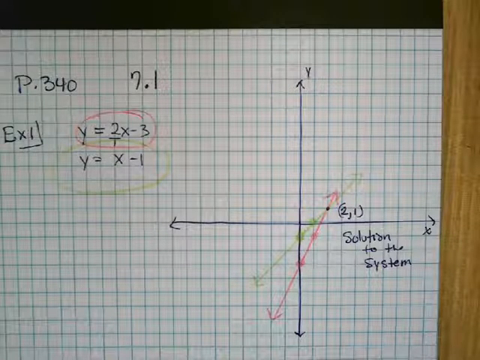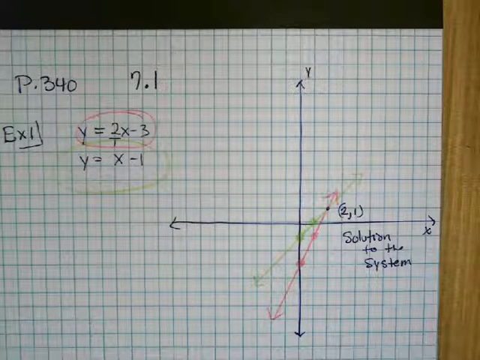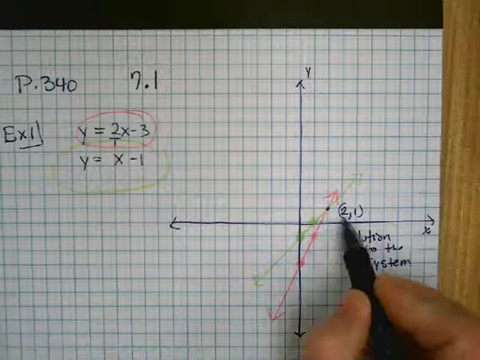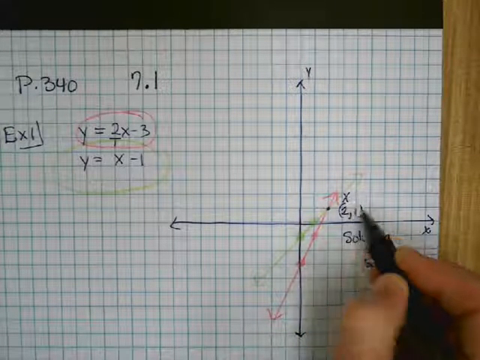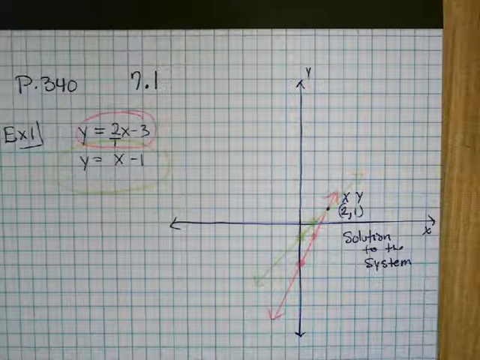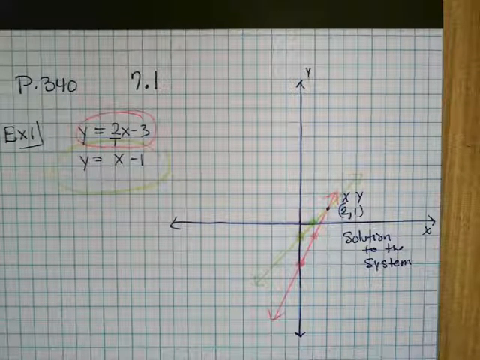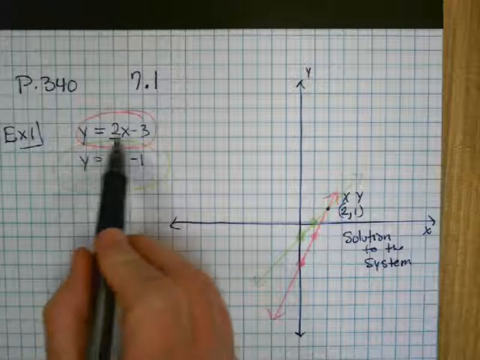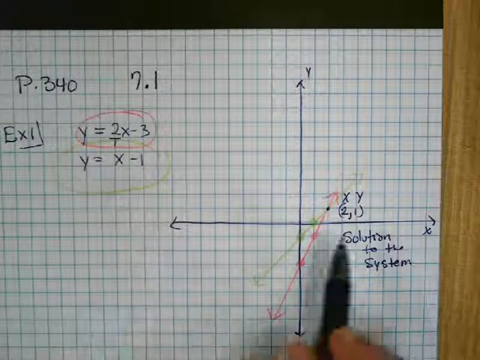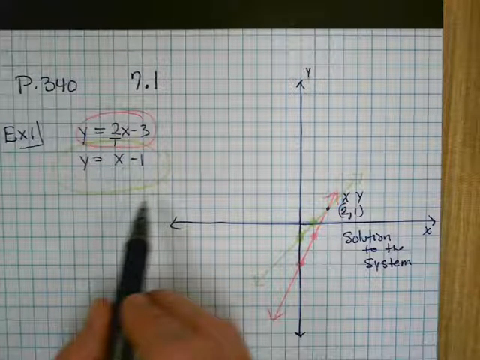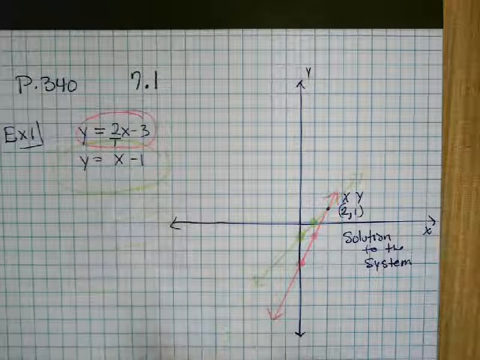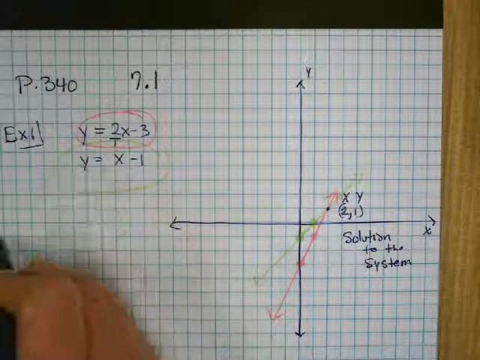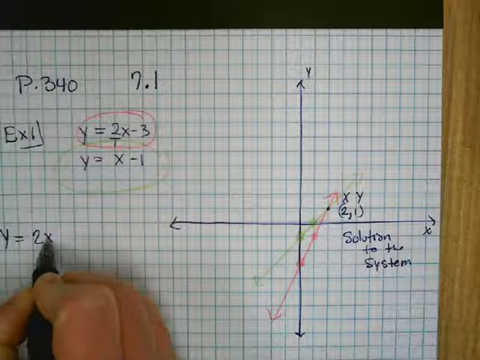Now, let's go back and let's talk about what this means. 2 is in the position of x and 1 is in the position of y. What this means is if you put these values in the pink equation, they will work. And if you put those values in the green equation, they will also work. Let me show you. For the first one, it says y equals 2x minus 3.